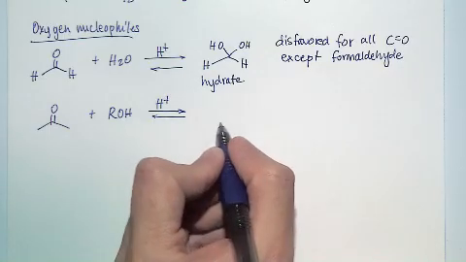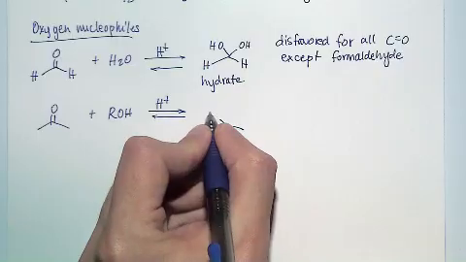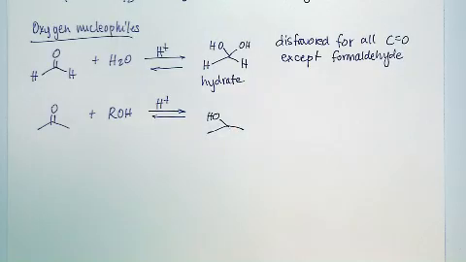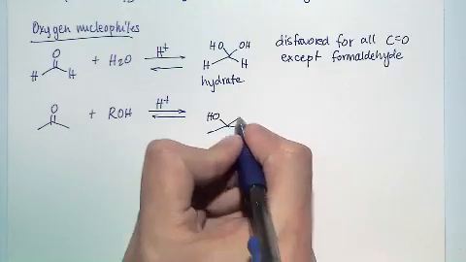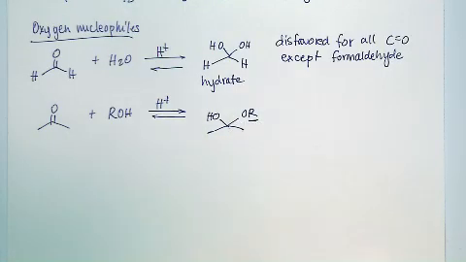So what we'll do here, we do get an OH group, but we also get an OR group. So R can be an alkyl group, it can be a benzene ring or a benzene ring with some other stuff attached to it. We'll see some examples in a moment.